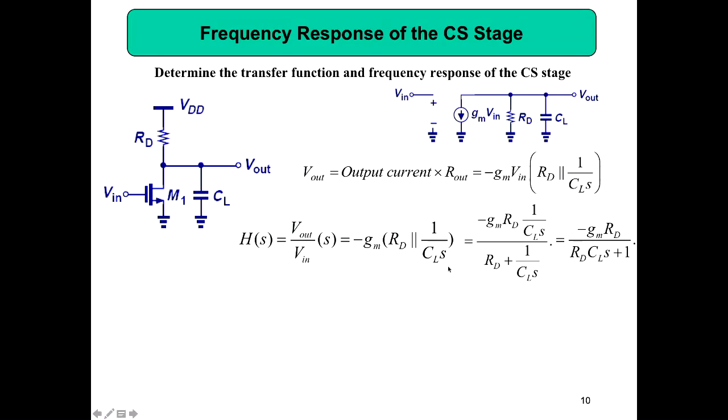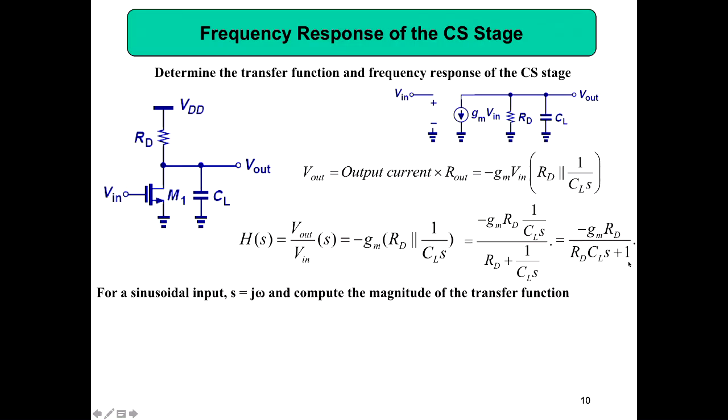Now I am going to expand it, because minus gm into RD parallel 1 by CL s is equal to RD into 1 by CL s divided by RD plus 1 by CL s. I am expanding the parallel combination. Then rearranging, minus gm RD divided by RD into CL s plus 1. For a sinusoidal input, we already said s equal to j omega.